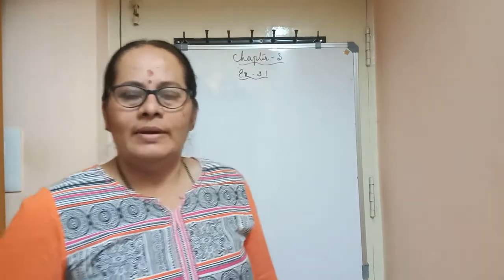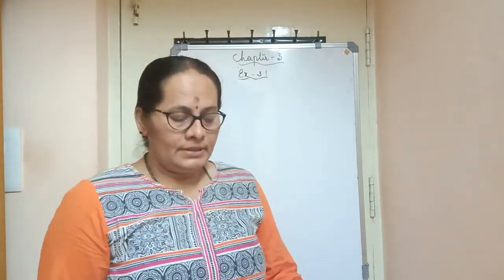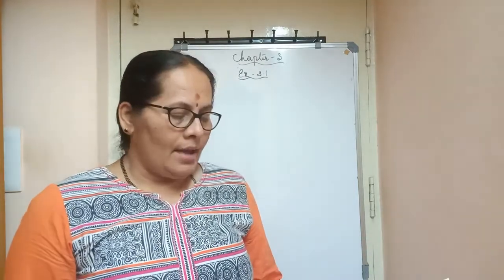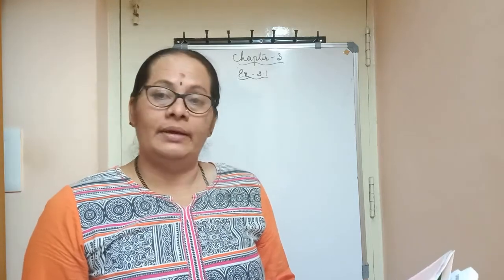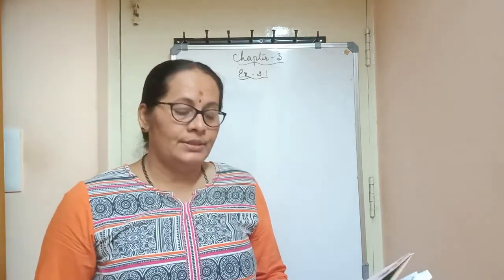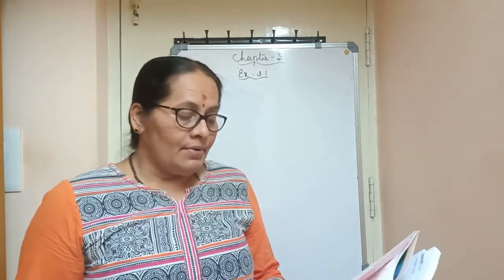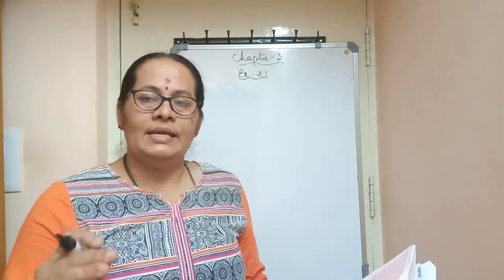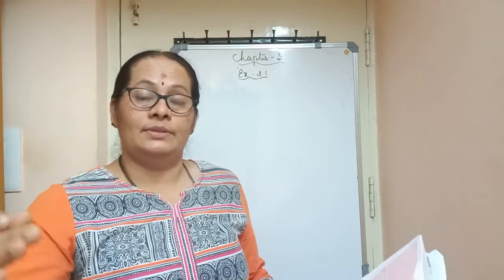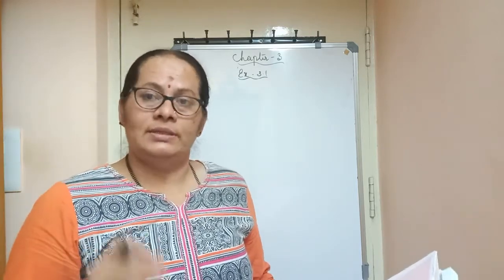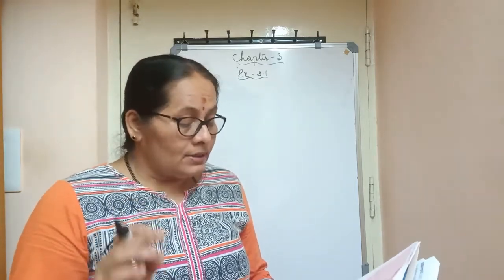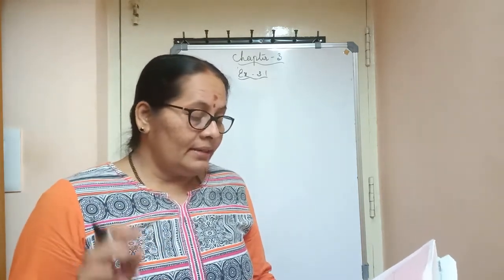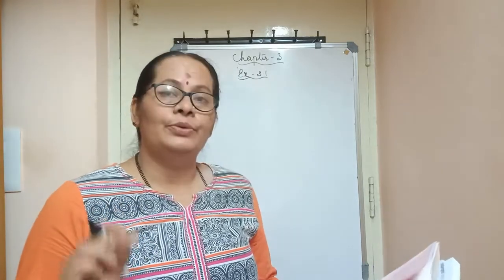Now I am going to solve exercise 3.1. The first question is, Aftab tells his daughter, "7 years ago, I was 7 times as old as you were then. 3 years from now, I shall be 3 times as old as you will be."